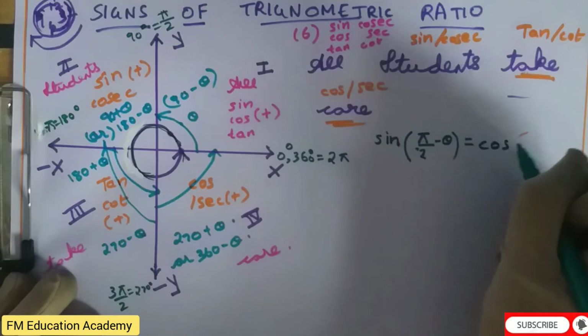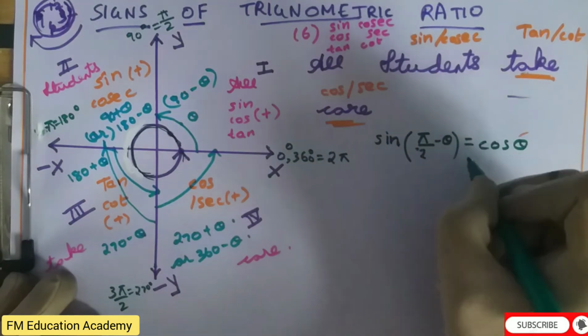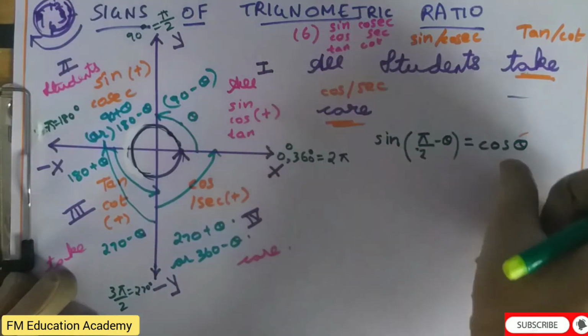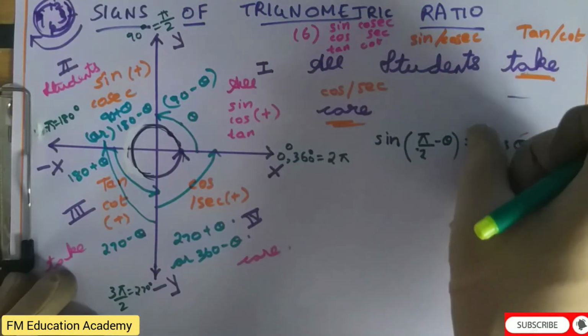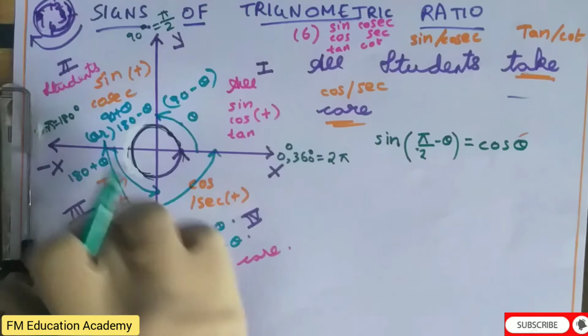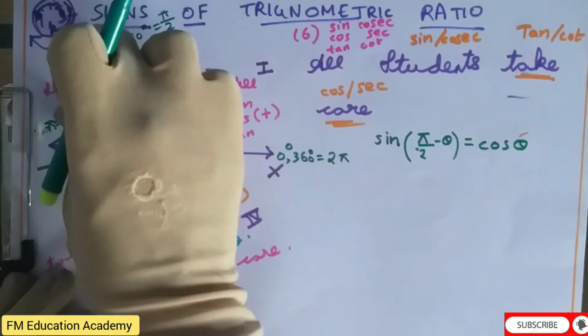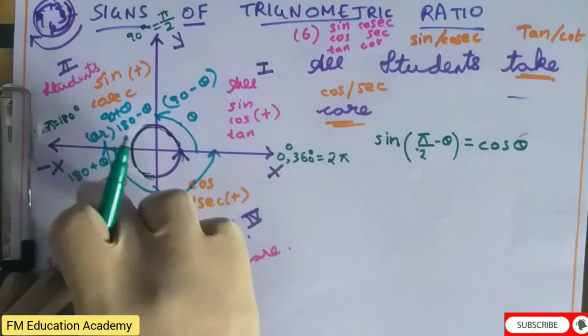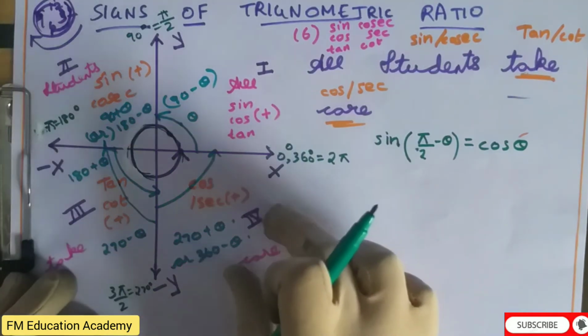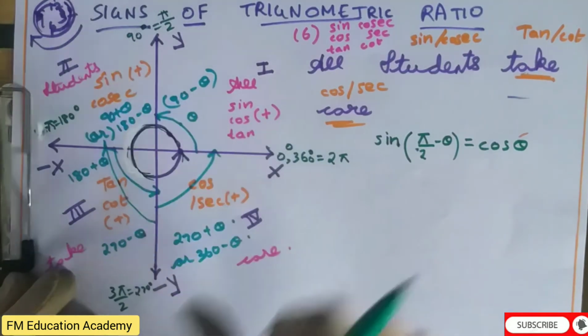What about the sign? Will it be plus or will it be minus? That depends on the quadrant. The trigonometric ratio you got, but whether it will be plus or minus depends on whether it lies in the first, second, third, or fourth quadrant.